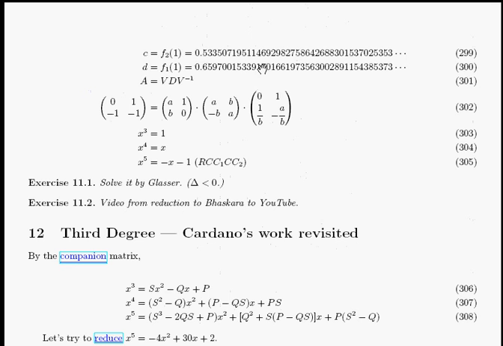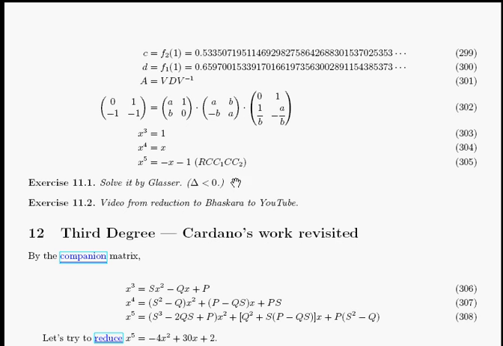We can approximate c and d, and we can diagonalize the matrix a, minus b, b, a, with eigenvectors a, b, 1, 0, and 0, 1, 1 over b, minus a over b. Then we have x3 equals 1, x4 equals x, x5 plus x plus 1 equals 0.